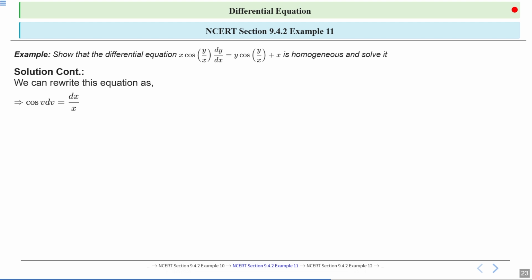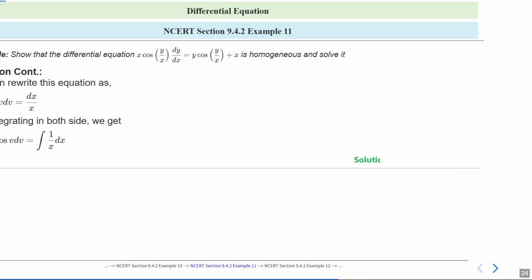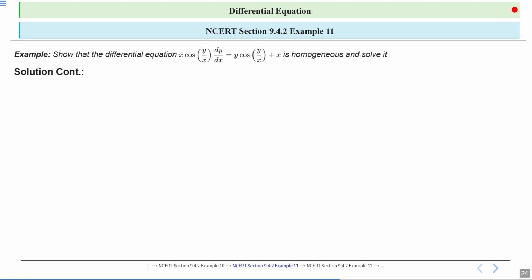So now we move on to integrating both sides of this equation. This is the step where we start finding the solution to the differential equation. On integrating both sides, we get the integral of cos v dv = the integral of 1/x dx. And we know that the integral of cos v is sin v and the integral of 1/x dx is log|x|.